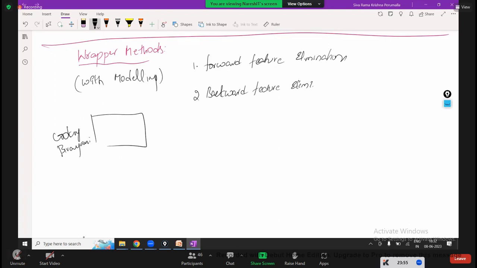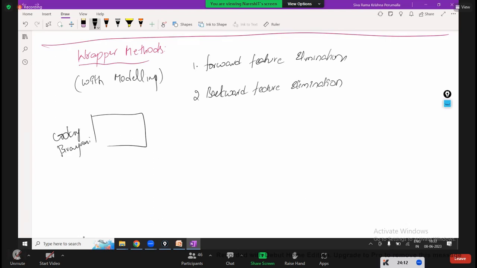Forward and backward feature elimination means you are going to remove one variable and check how your model is performing. You are adding one variable and checking how the model is performing, and whether this particular variable is important or not.